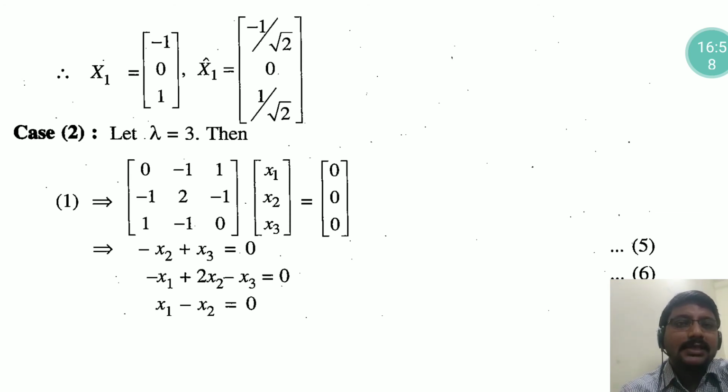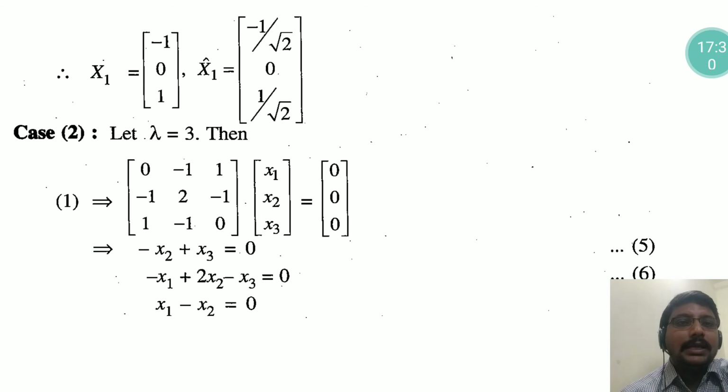So thus we will have x1 as a matrix of minus 1, 0, 1. Now we can find the normalized eigenvector, that is x1 cap, which is obtained by dividing each element by its norm. The norm of the eigenvector is the square root of minus 1 whole square plus 0 square plus 1 square, that is root 2.